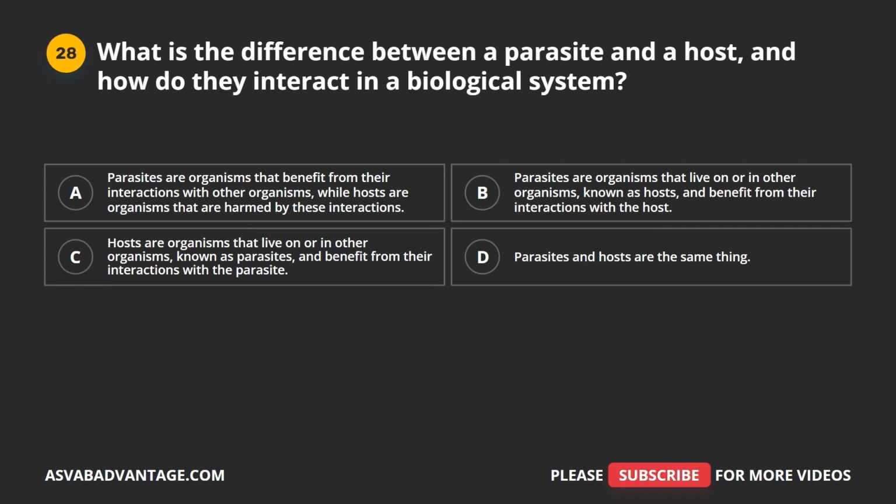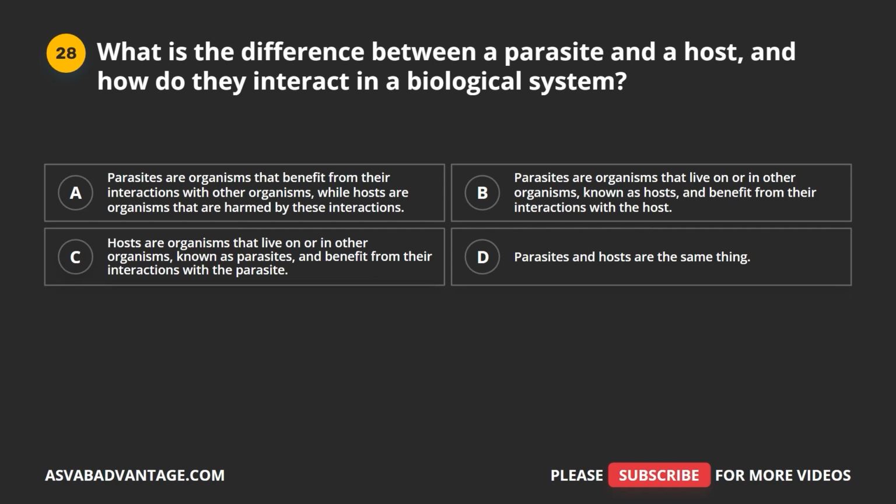B. Parasites are organisms that live on or in other organisms, known as hosts, and benefit from their interactions with the host. C. Hosts are organisms that live on or in other organisms, known as parasites, and benefit from their interactions with the parasite. D. Parasites and hosts are the same thing.